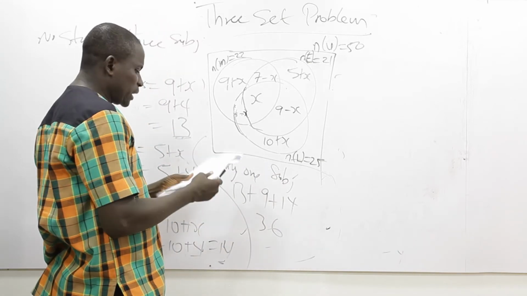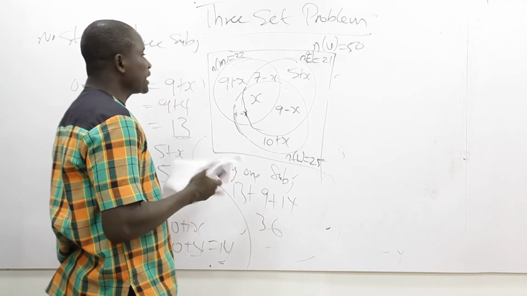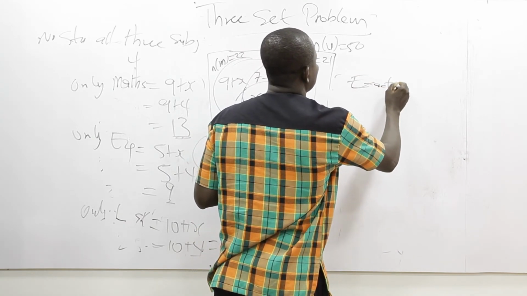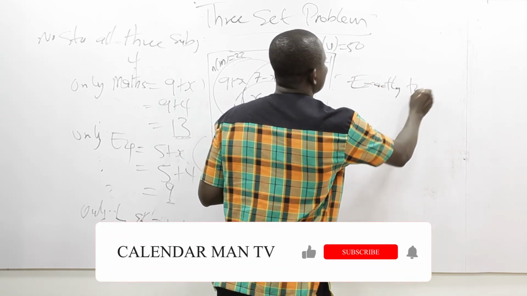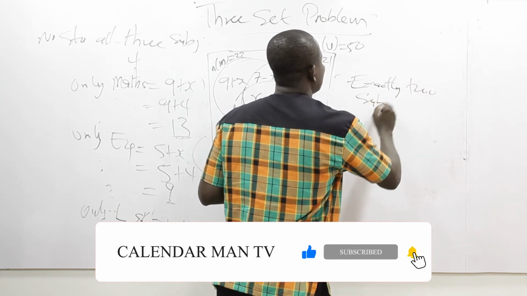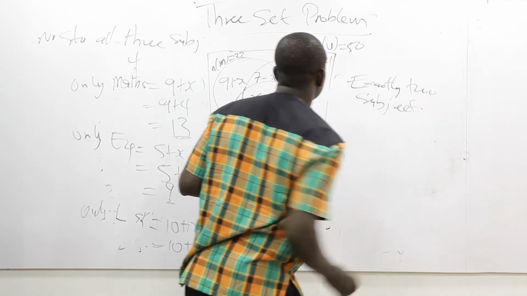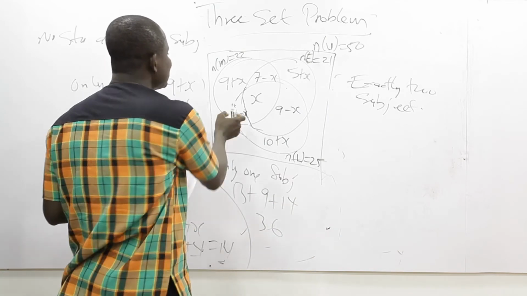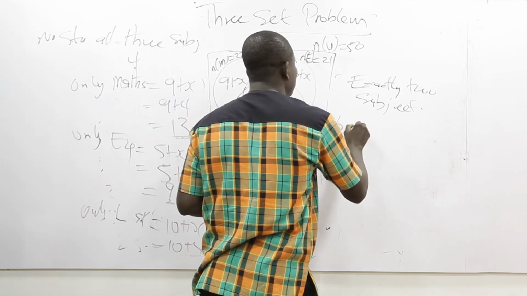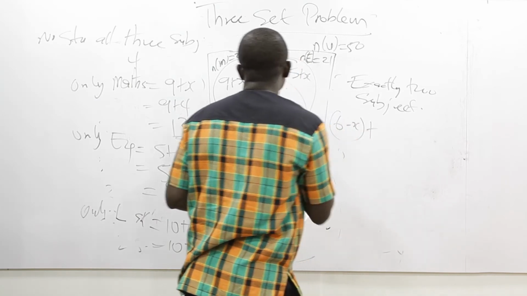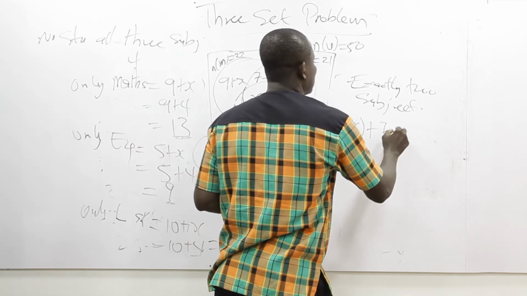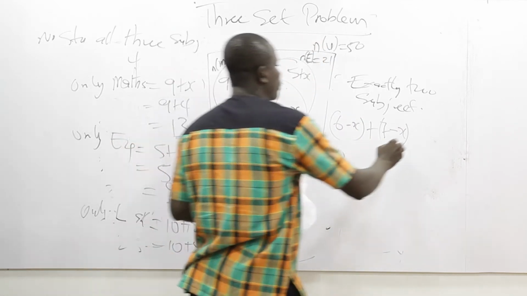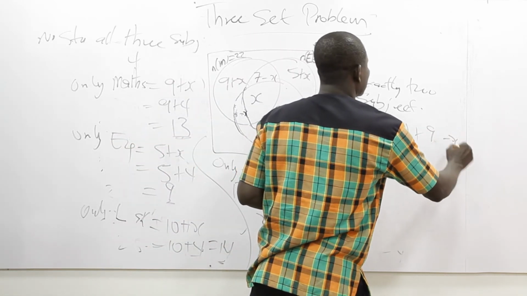Now let's see the question. What did he ask you? So he said exactly 2 subjects. Okay. So exactly 2 subjects. This is exactly 2 subjects, that is 6 minus x. Here is also exactly 2, 7 minus x. That is exactly English and math. And then here is plus 9 minus x.